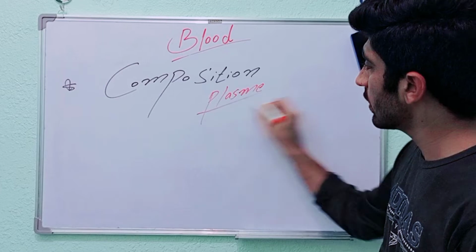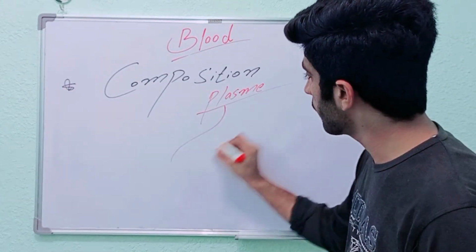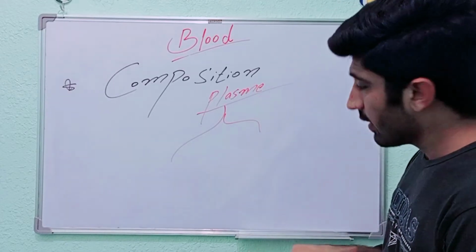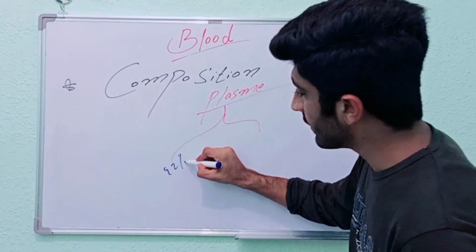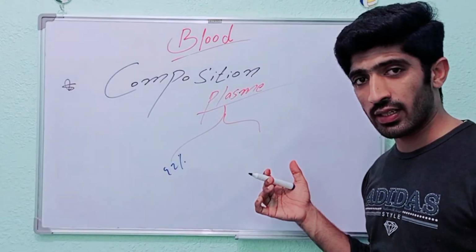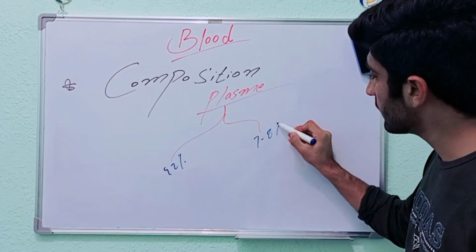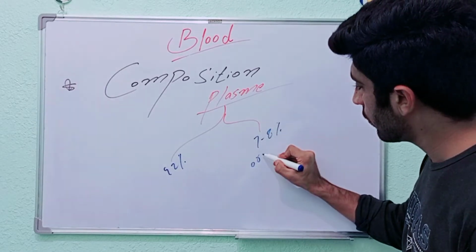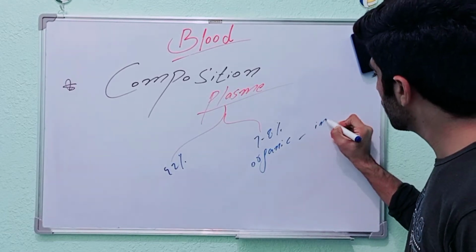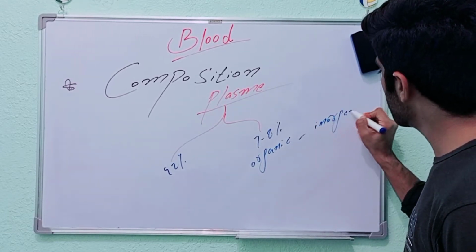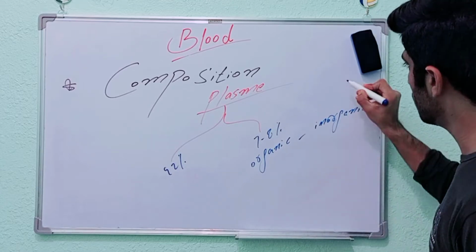Now we are going to discuss composition of plasma. 92% water is present in the plasma, and the remaining 7 to 8% is organic substances, inorganic substances, and some gases.